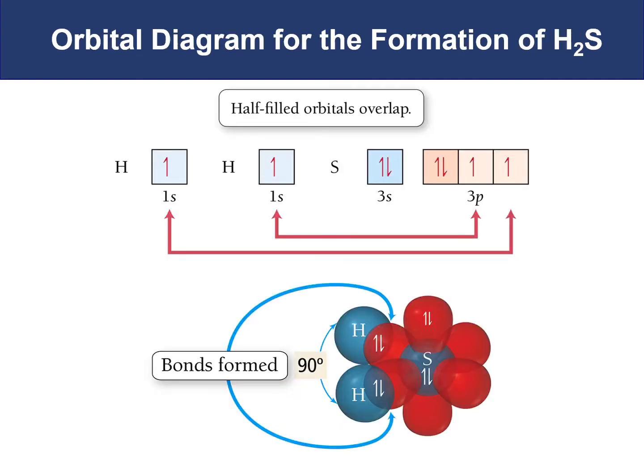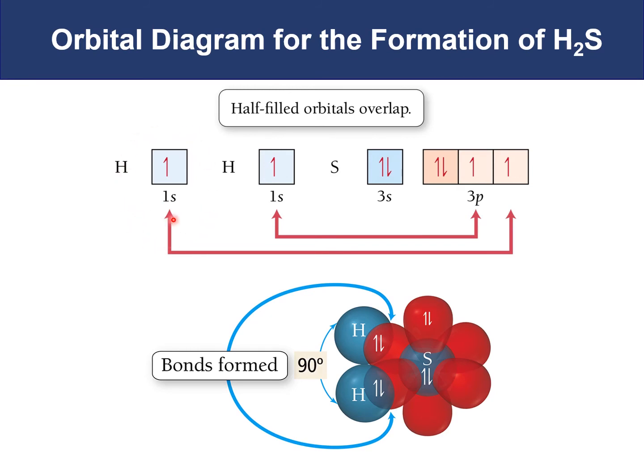One of the problems that we quickly run into when trying to add orbitals together through overlap is that without making modifications to the orbitals, they would fail to predict correctly the bond angles that get formed. For example, if we look at H2S, dihydrogen sulfide, we would take an s orbital from our hydrogens. Hydrogens only have one s orbital.